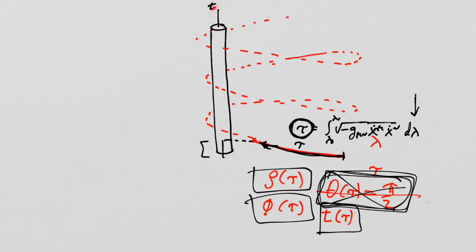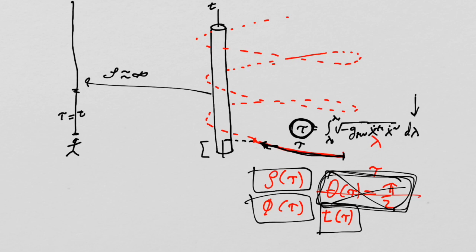By the way, let me emphasize, the coordinate time might not be the ticking clock of anybody. In the Schwarzschild geometry, the coordinate time t is the time of a very, very distant observer. So if you're observing this from way far away, here's your world line, you're so far away that this distance, rho, for you is approximately equal to infinity. In that case, your proper time, your tau, is going to equal the coordinate time.